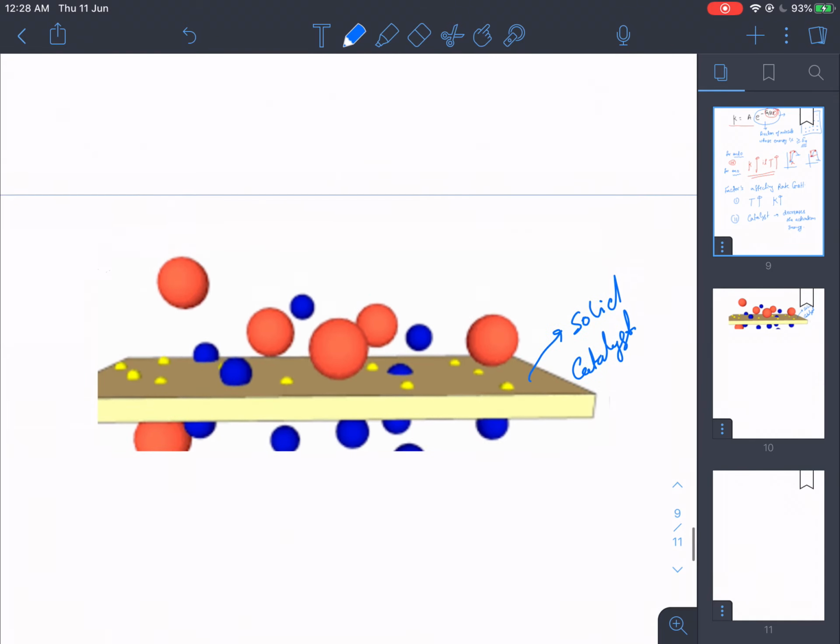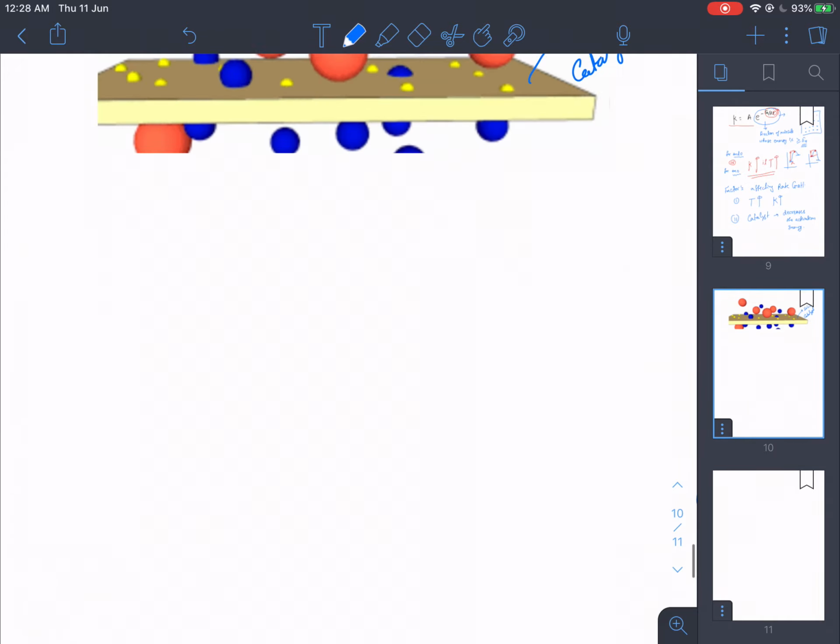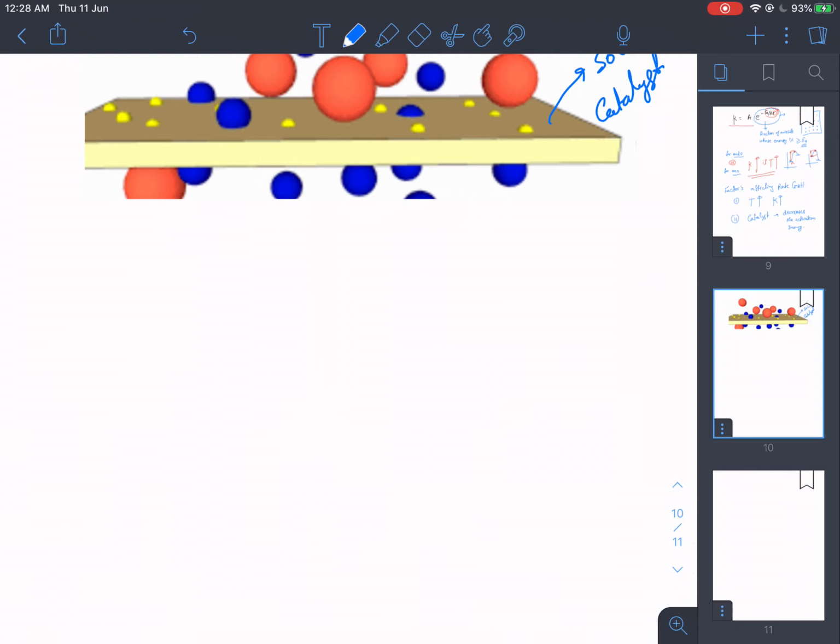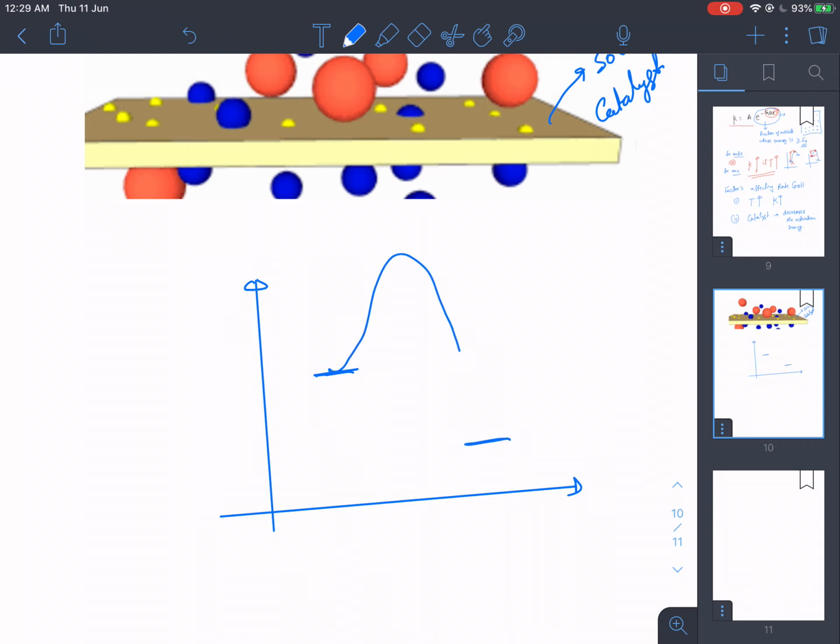And now if you want to see how the overall reaction progress will look in the presence of catalyst and in the absence of catalyst. So in the absence of catalyst, if it is going like this, R to P, reaction coordinate.